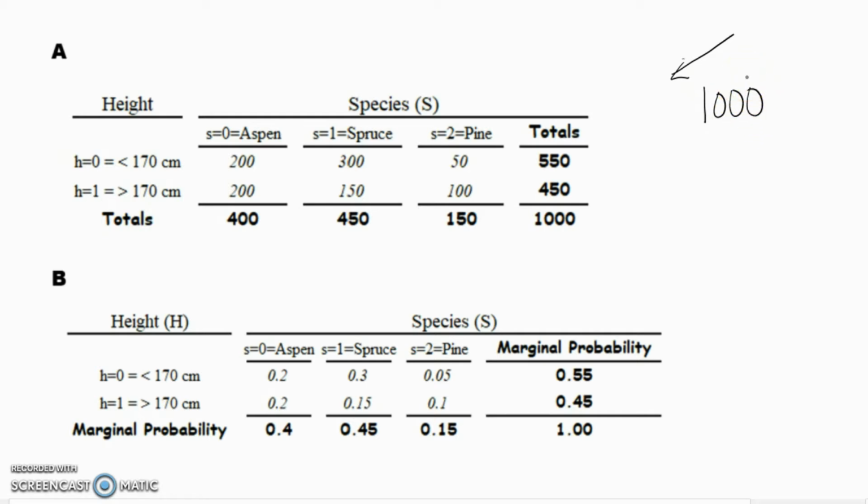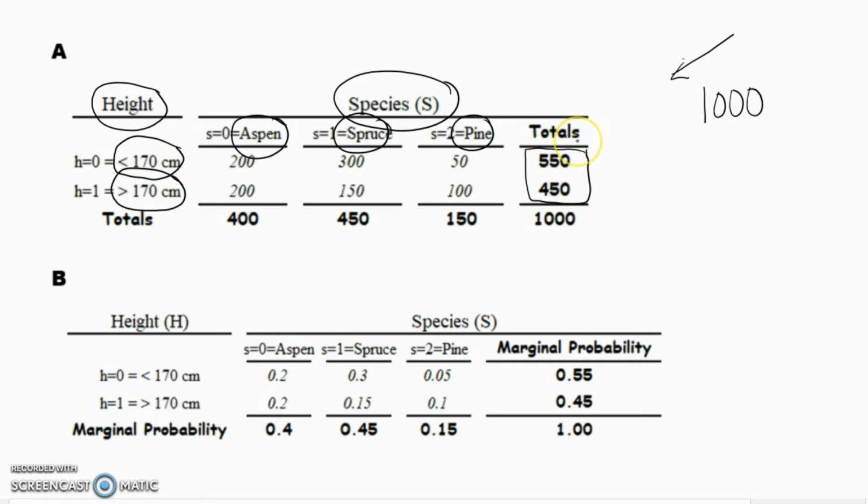according to species and height class. So in terms of species, we've got 3 species: aspen, spruce, and pine. When it comes to height class, we've got 2 height classes: less than 170 centimeters and more than 170 centimeters. And if we look at this final column here, we've got marginal totals.